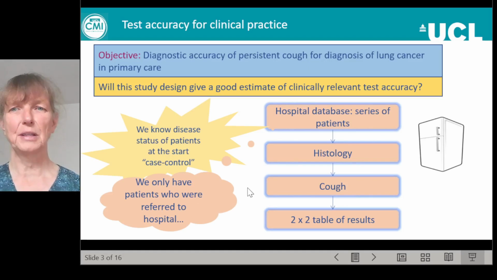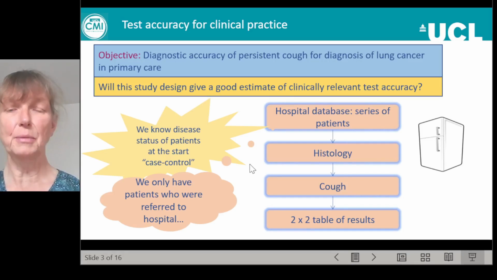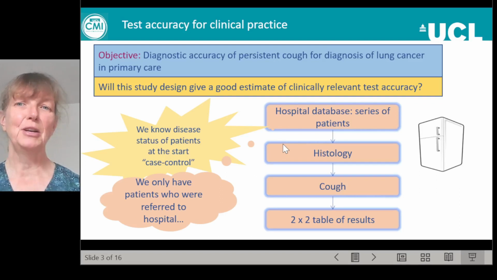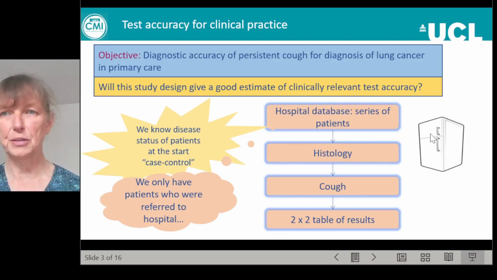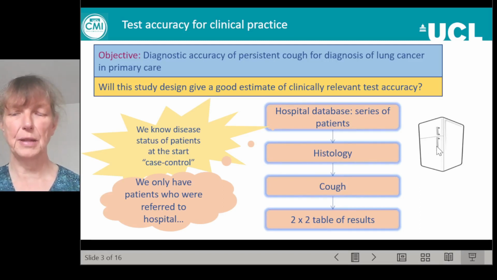You might think, well, this is a bit of a bizarre study design, no one would ever do this. But actually, this is really a common design, and it's particularly common when people are looking at new biomarkers. They'll want to evaluate a new biomarker, maybe based on histology. So they go off and they'll open the freezer door and take out samples from patients with and without cancer.